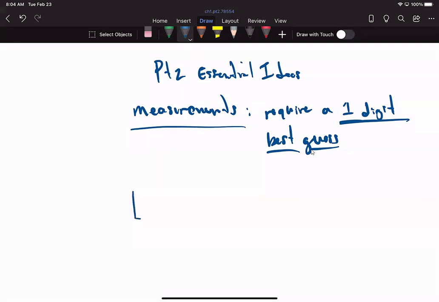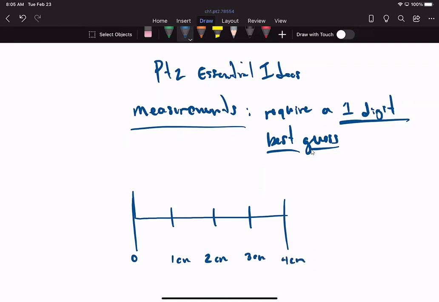So for instance, if we had this ruler here, let's say this is 1 centimeter, 2 centimeters, 3 centimeters, 4 centimeters, and I want to measure this line here.